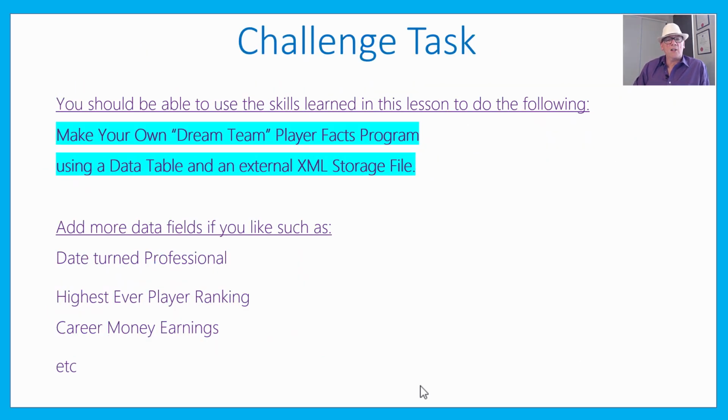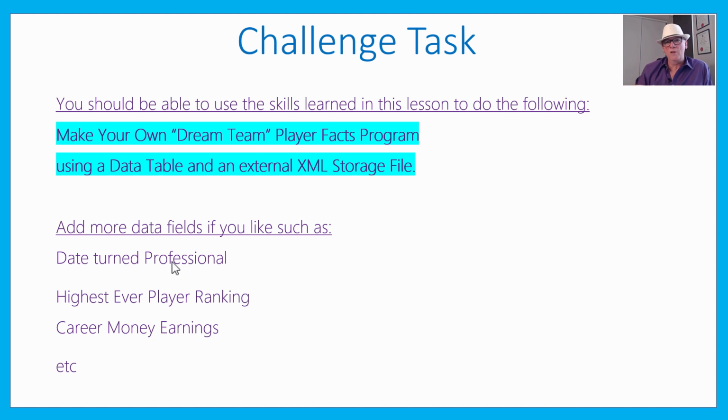All right, so the challenge task is for you to make your own Dream Team player facts program. So you might add some extra fields in too. You might have another date, the date they actually turned professional. And it doesn't have to be tennis. It could be your basketball dream team, your cricket dream team, your soccer dream team.